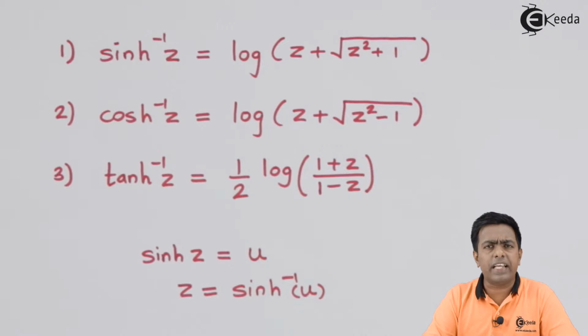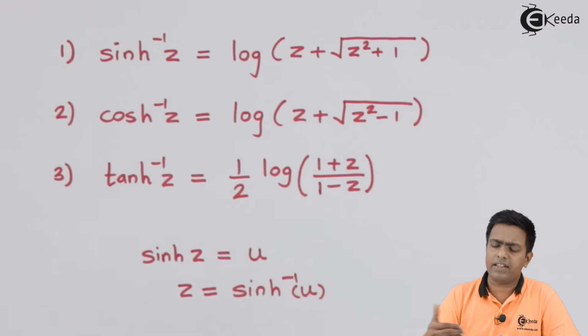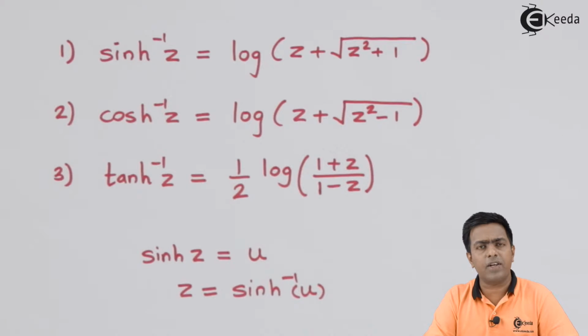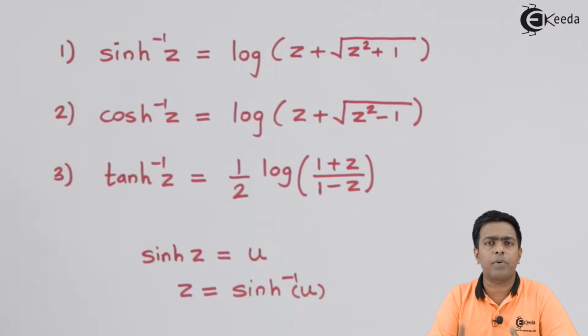Now guys, you must be thinking, how did we get this value? I'm going to show you how we derive this value. There are three formulae: hyperbolic sine inverse z, hyperbolic cos inverse z and hyperbolic tan inverse of z. These three formulae, or I would say these three properties, we use frequently while solving the numericals.